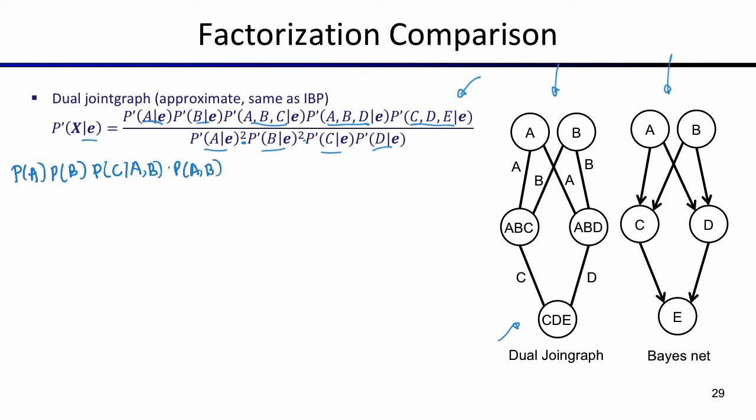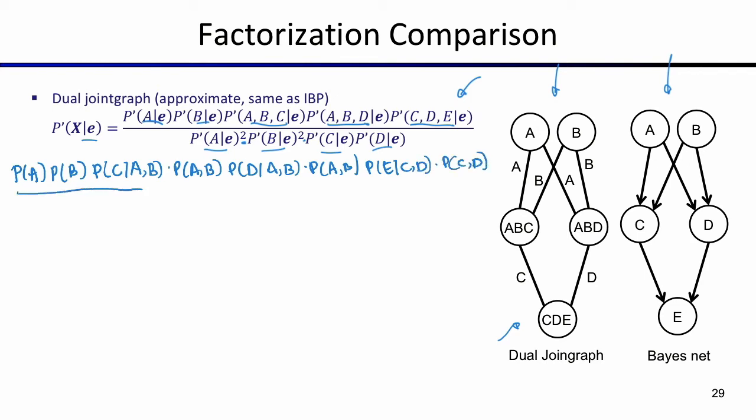We have the probability of A, B, D, but what we need is the probability of D given A and B times the probability of A and B. And we have the probability of CDE, but what we care about is the probability of E given C and D, and I'm going to multiply with the probability of CD.